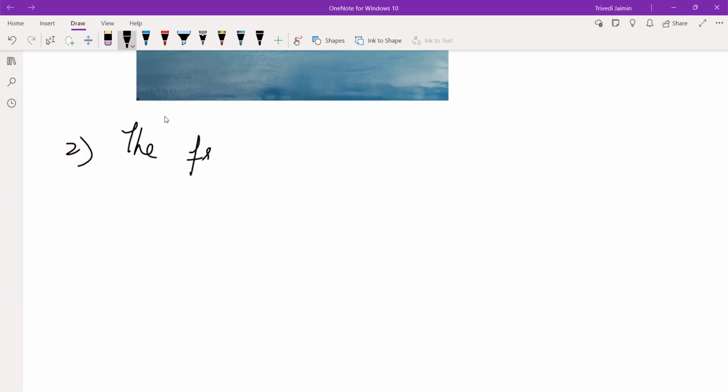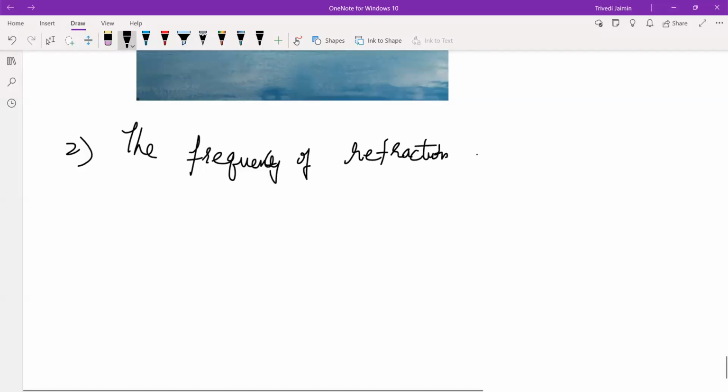So the frequency. If wavelength is changing, then frequency will also be affected. Frequency of the refracted ray. See here.